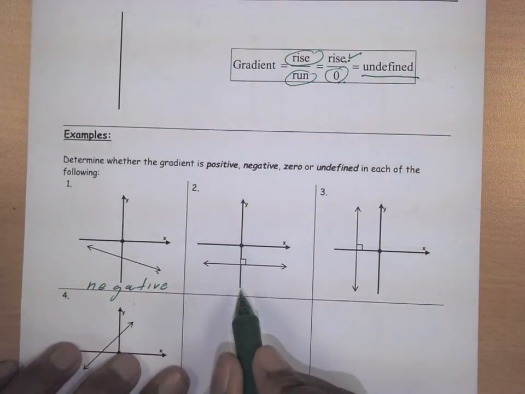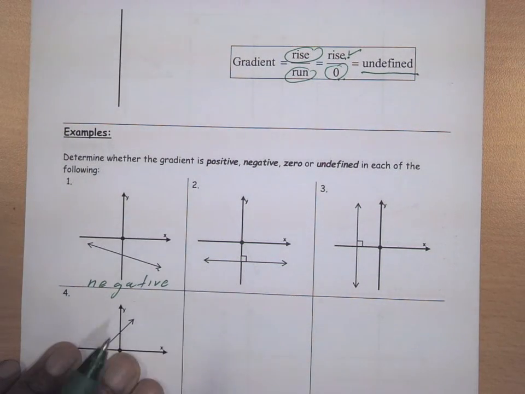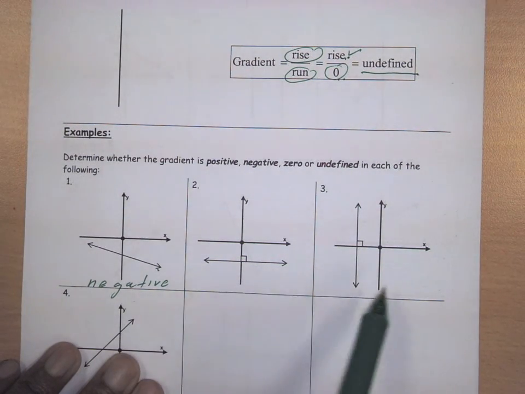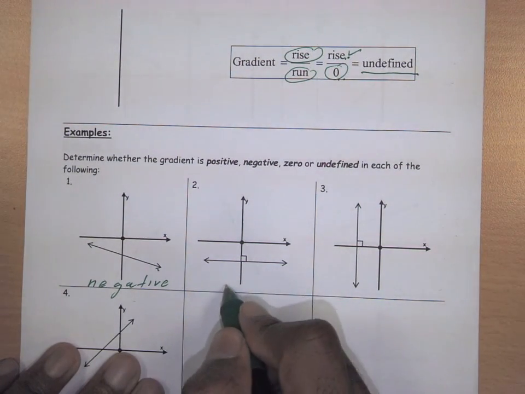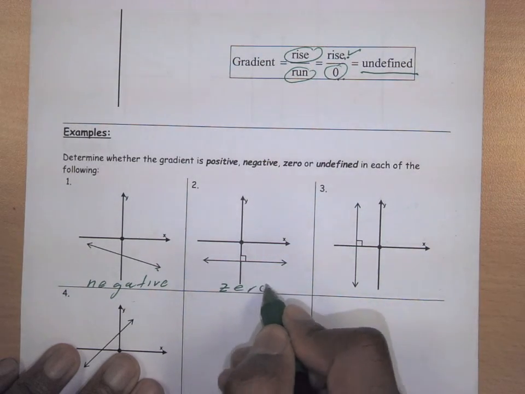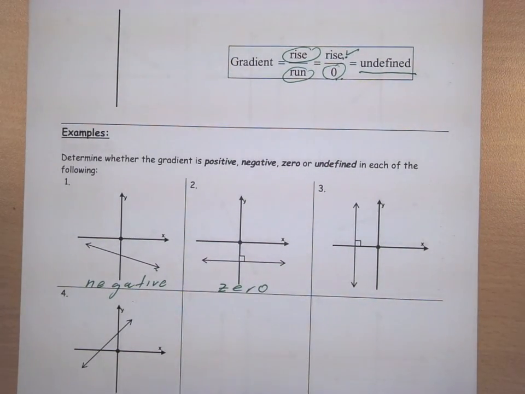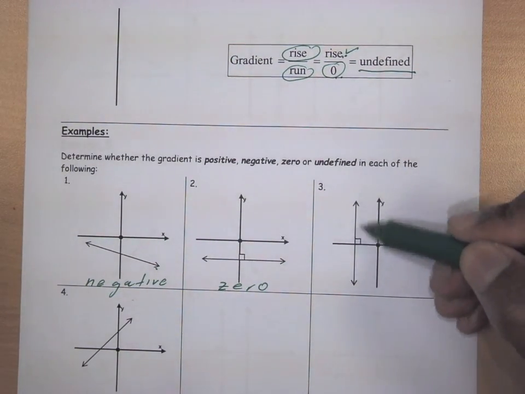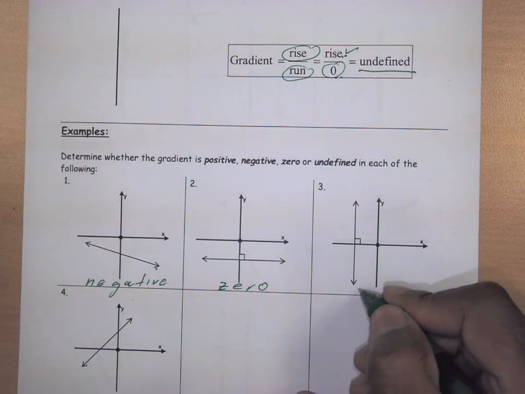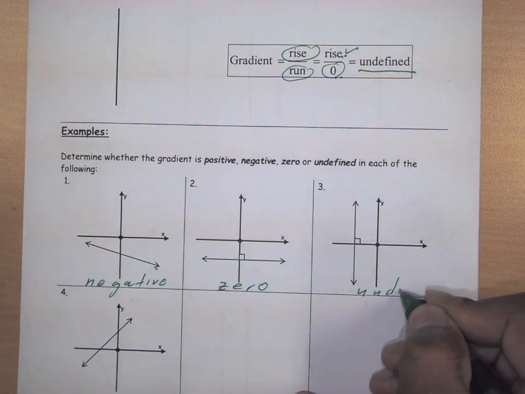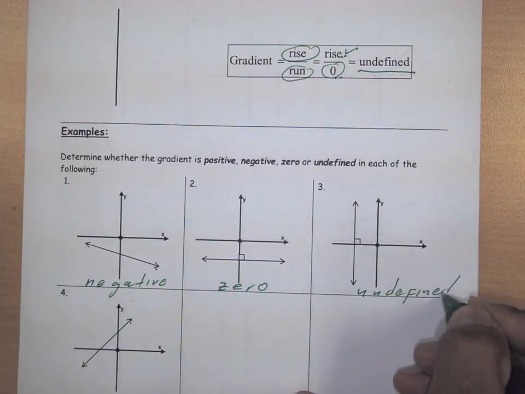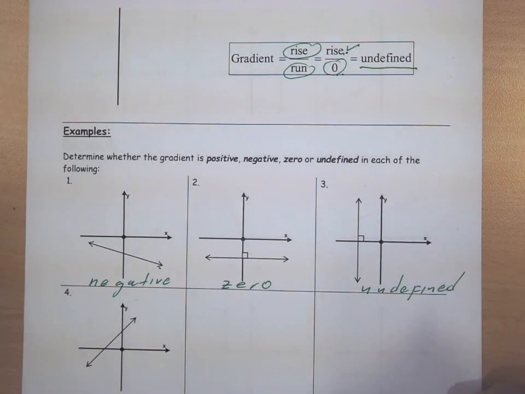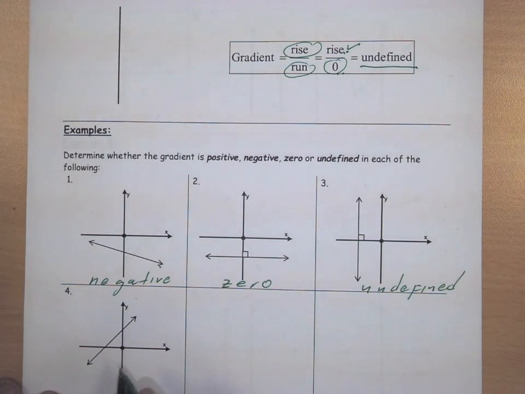And the gradient for number 2, this is a horizontal line. The gradient is 0. Number 3, we just discussed this. The gradient for this is undefined. Okay. And what about the gradient for this? This is positive. This is positive.